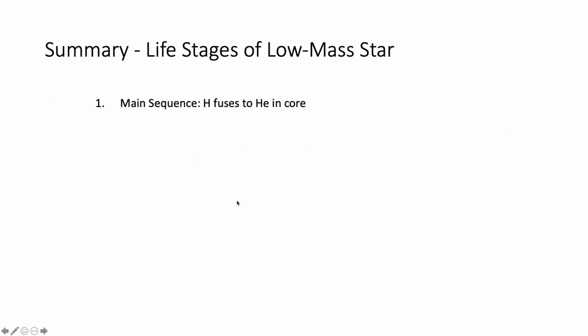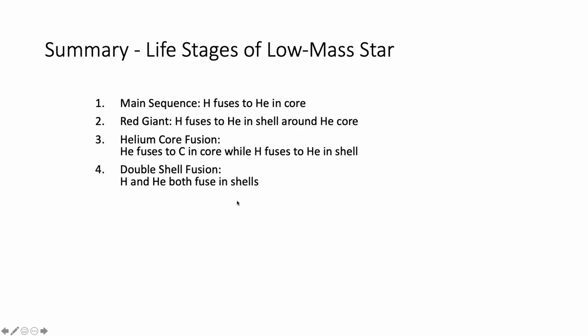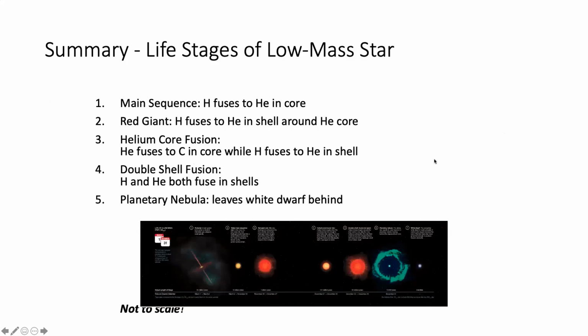Low mass stars, again, this is just a reiteration of earlier. Right. We have our protostar, yellow or red main sequence star, red subgiant, helium core fusion, right? Then eventually it can become a red giant or supergiant again, and we get that planetary nebula, that explosion, and then what's left behind is the white dwarf, right?